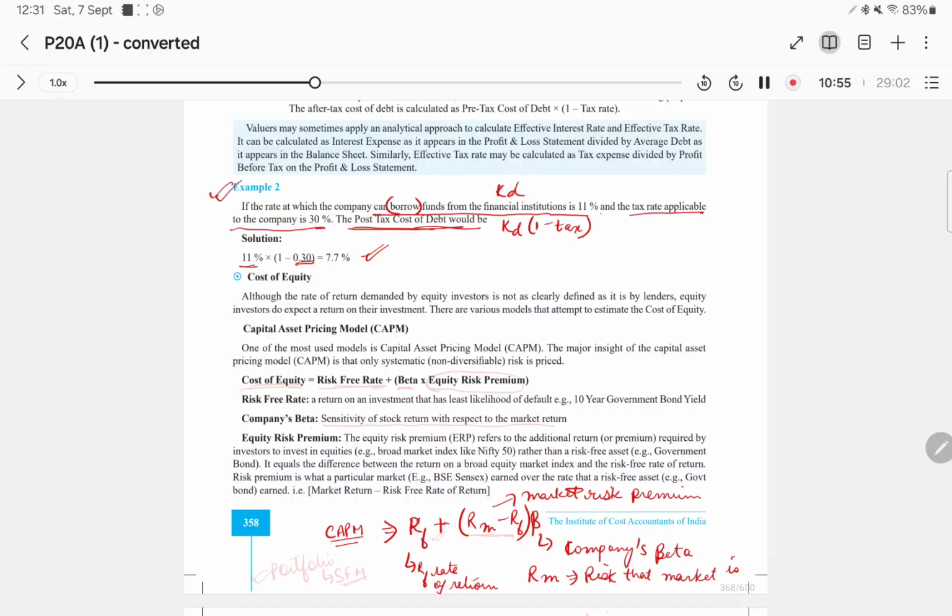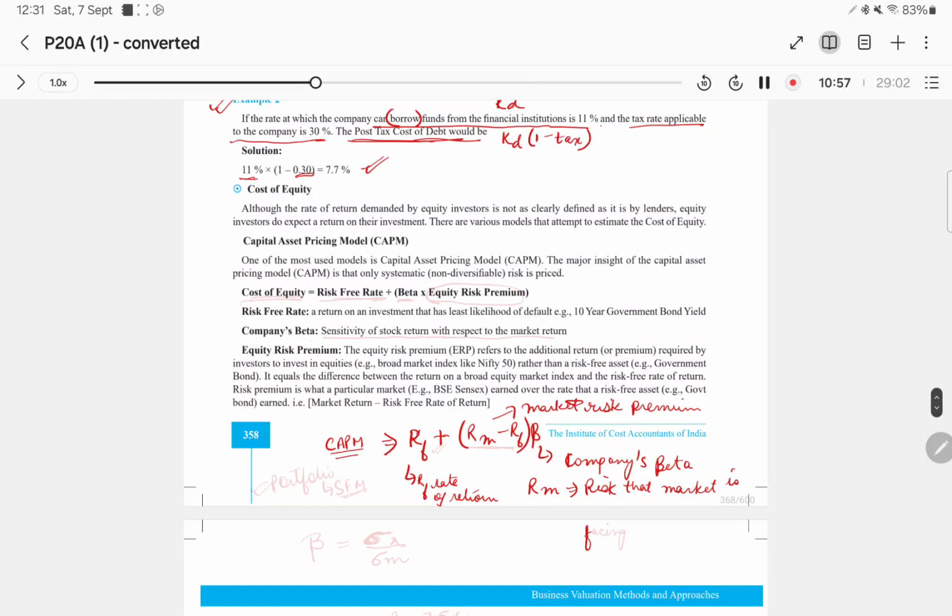I think you have also learned this model, the CAPM model, in portfolio. So you must be very much aware of it in SFM, third group. So this is a very common question which may be asked in MCQ.